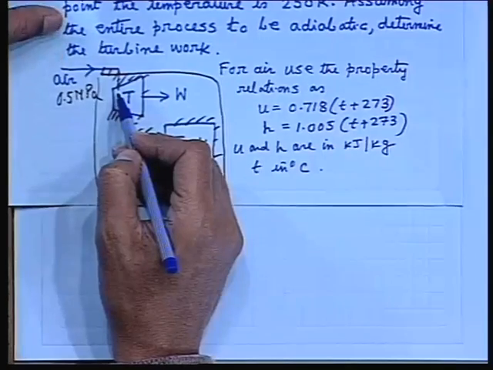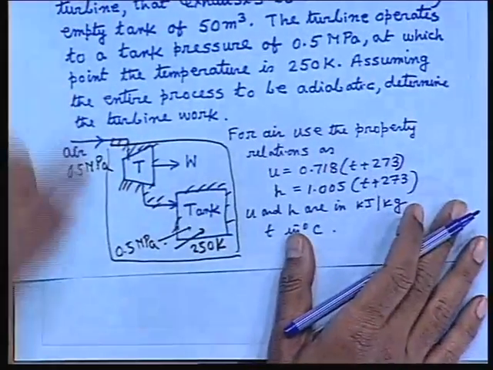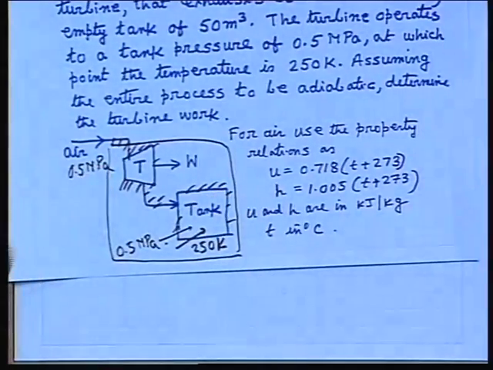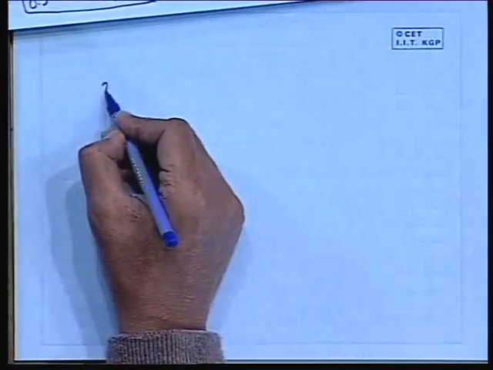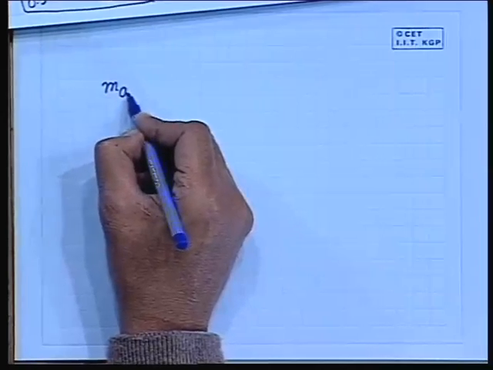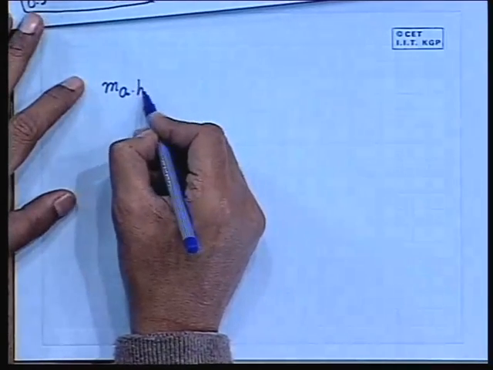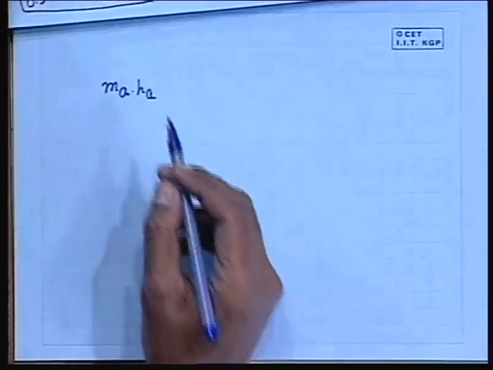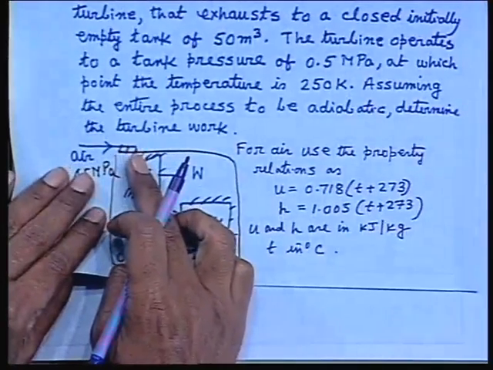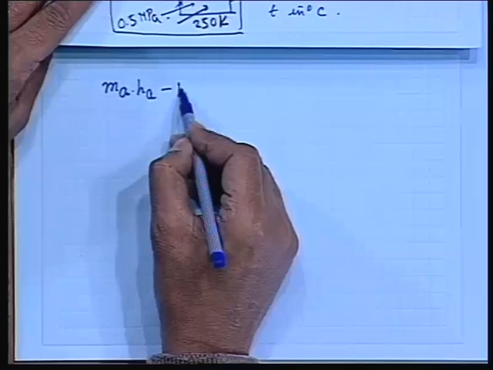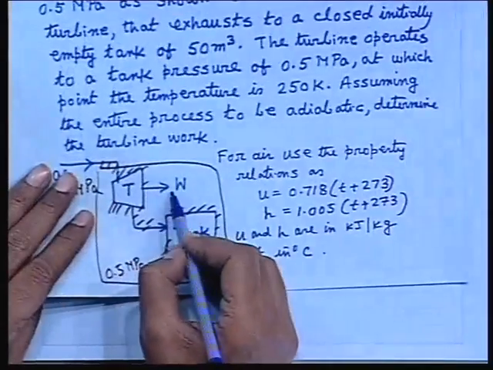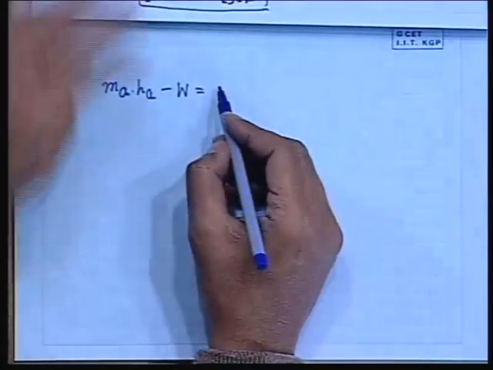That is the inflow. Now, it is a definite process over a finite time. Similar, that means the mass of air which has come in, the enthalpy of air, that is the mass coming in, energy coming in, minus the work done, W control volume, will be equal to what?